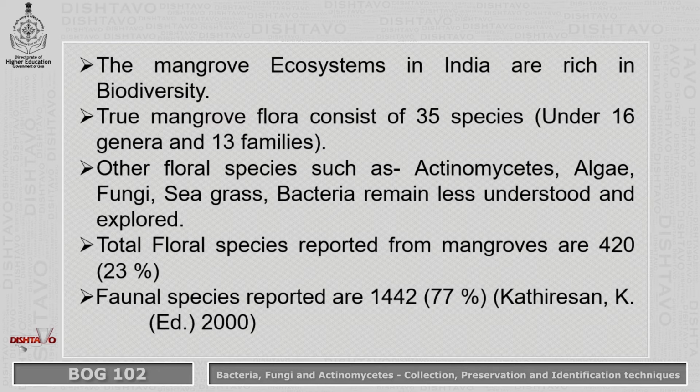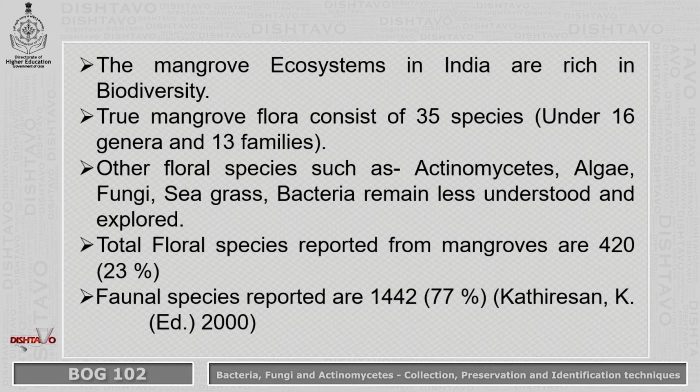Mangrove ecosystems are rich in biodiversity. True mangrove flora consists of only 35 species which belong to 16 genera and 13 families. So biodiversity in mangrove is largely represented by other groups of organisms.